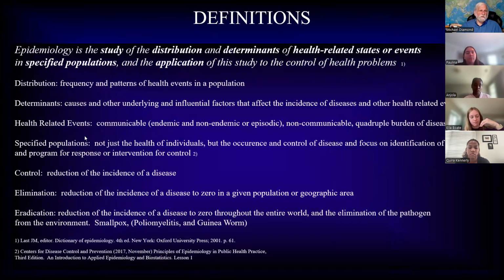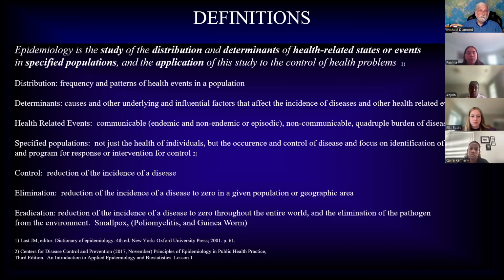So, definitions. Now, this is where I just want you guys to be careful about the way that you use certain terms, and this is just in order to promote credibility. So epidemiology, as we said, is the study of the distribution and determinants of health-related states or events in specific populations and the application of this study to the control of health problems.